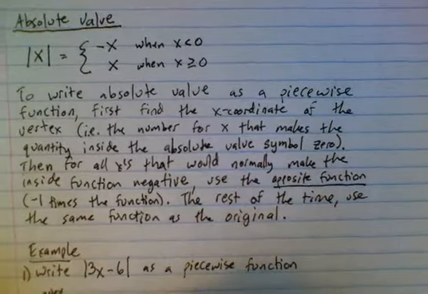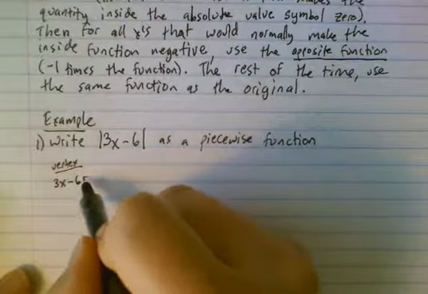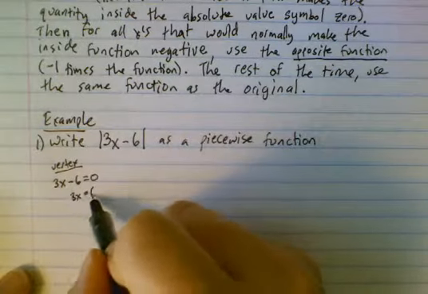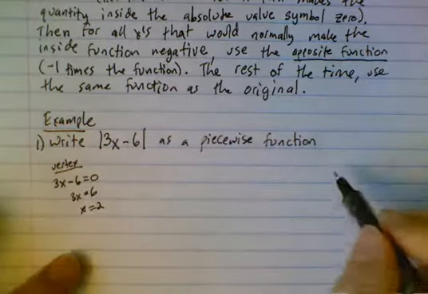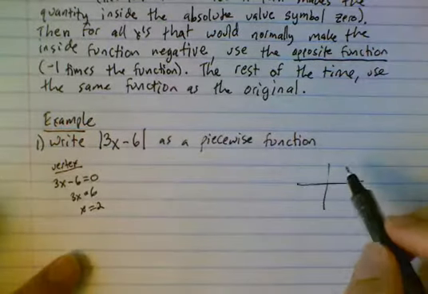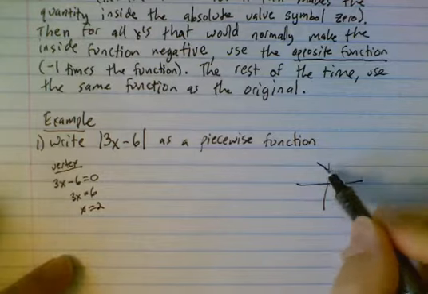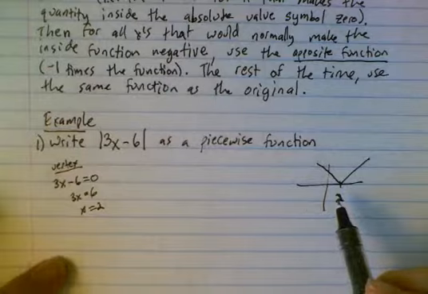So we're saying what value for x makes 3x minus 6 equal to 0. Add 6 to both sides, 3x equals 6, divide by 3 on both sides, x equals 2. So what we really have here is a little v shape, that's the absolute value. And when x equals 2, that's where that vertex is.